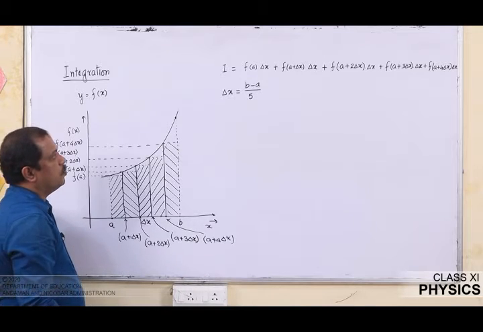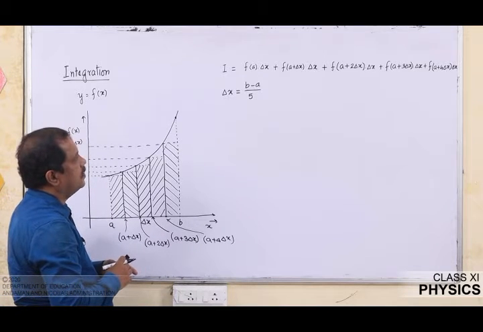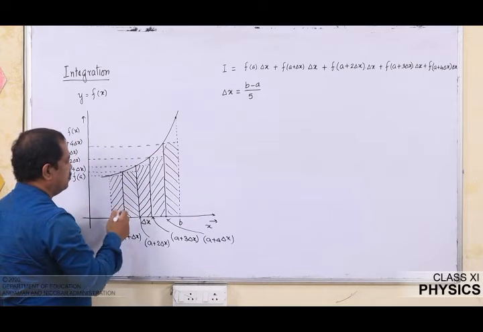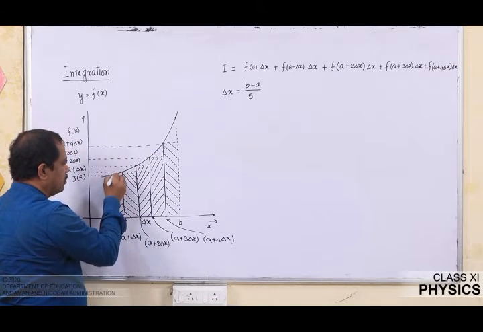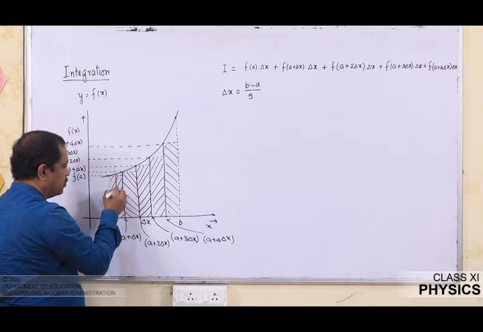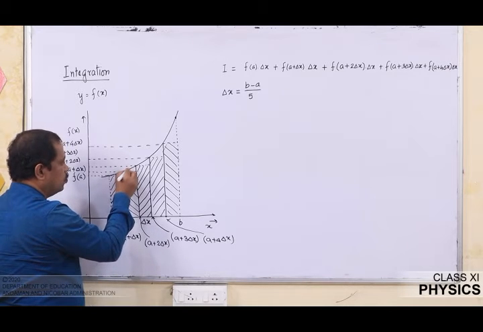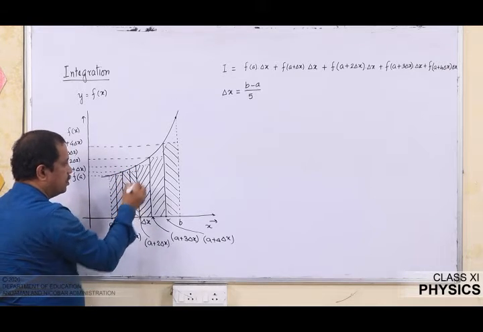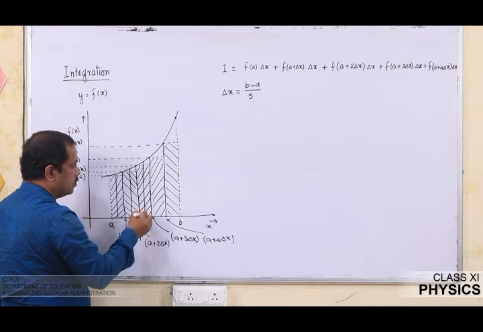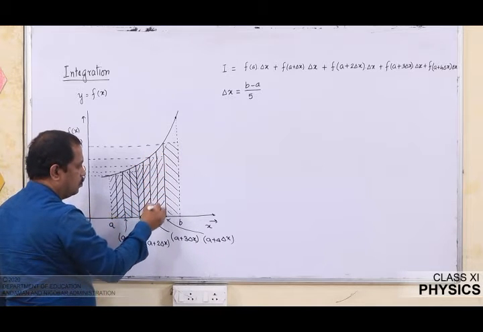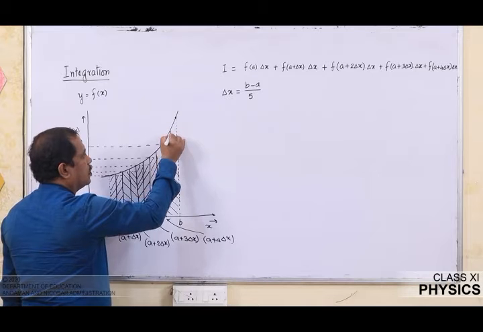Similarly, now what I am going to do is, instead of dividing this area into 5 strips, let me divide into 10 and let me see. So if I divide into 10 parts, here I am going to divide this one into 2 parts, this one into 2 parts, this one into 2 parts, this one into 2 parts, and this one into 2 parts.